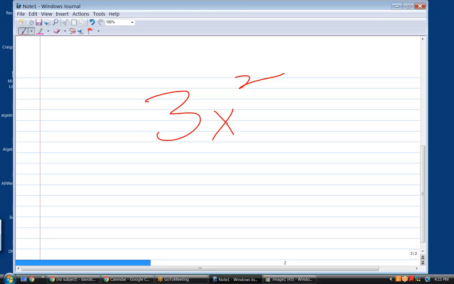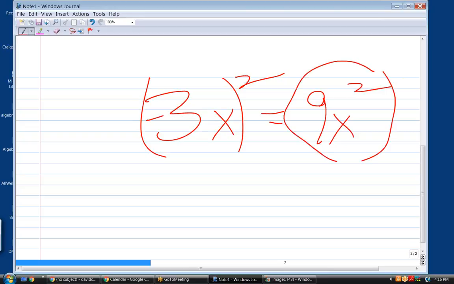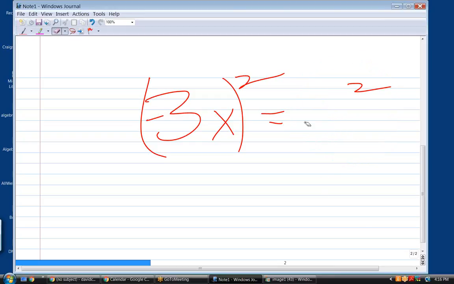So this would be 3x squared. And if I put a negative sign in it, it's still 3x squared. Now, it's totally different if I do that. Now, what's being squared is the 3 and the x. So the 3 squares to 9, and now that becomes that. And if I had a minus sign in front of it, it would still be this, because minus 3 times minus 3 is plus 9.